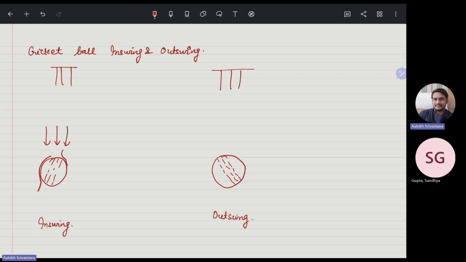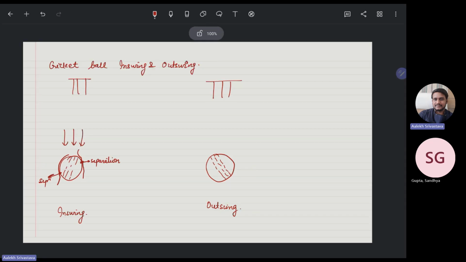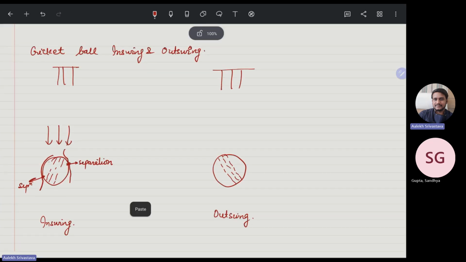So the separation will take place at this point, the separation point on this side, and this is the separation point on this side. Because of the difference in separation point, a force is exerted in this direction, and this will lead the ball to go in this direction. This is your stumps.